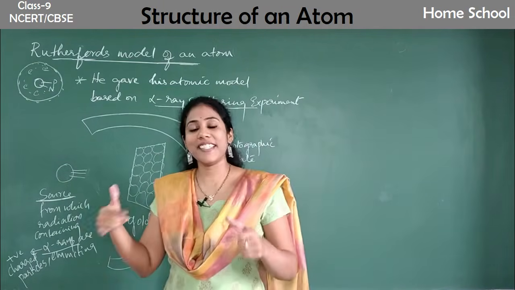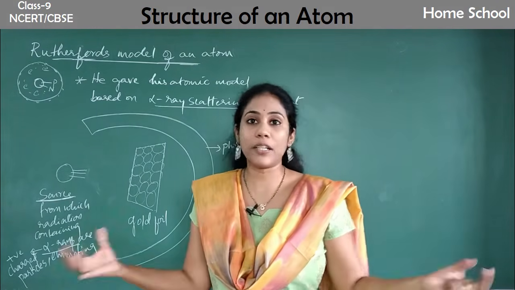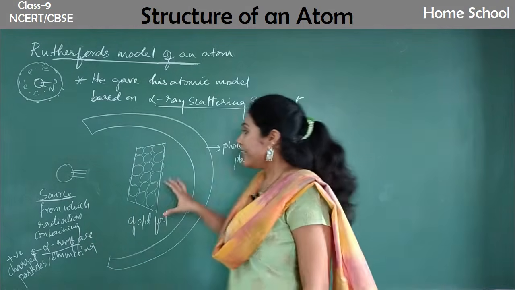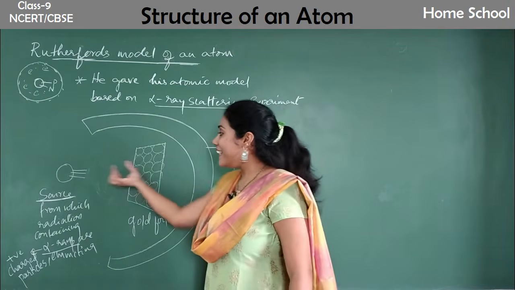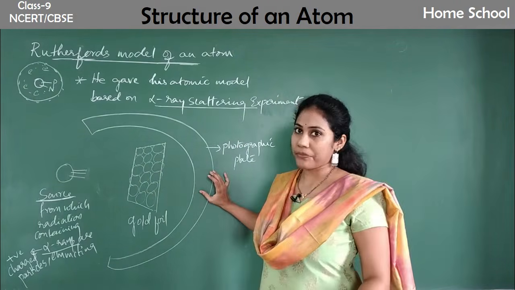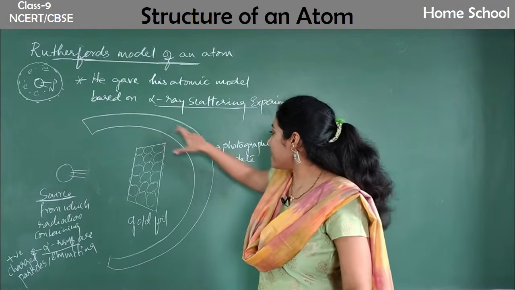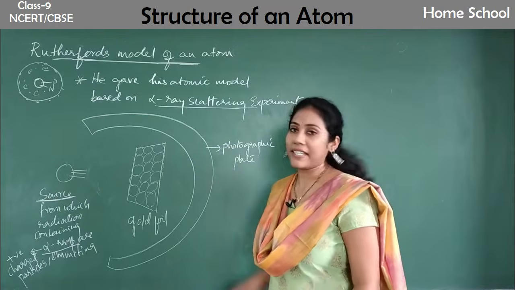Can you see these radiations with your naked eye? No, right? Radiations cannot be seen with the naked eye. If you want to know whether the radiations passed through the gold atoms or not, how do you know? Because you can't see with your naked eyes. That's the reason we have kept a photographic plate here.